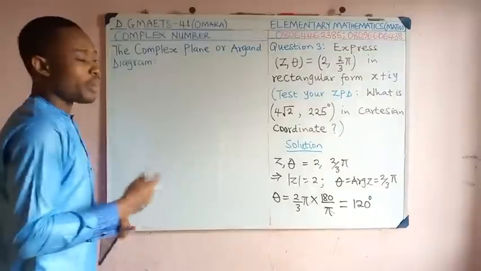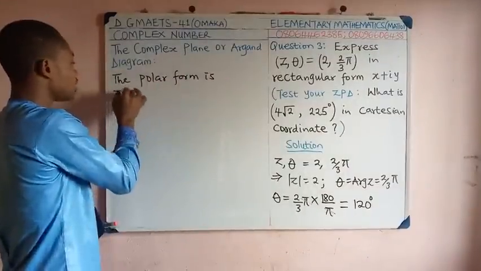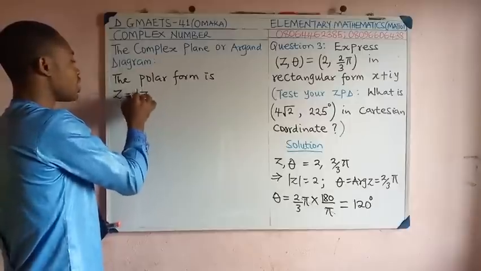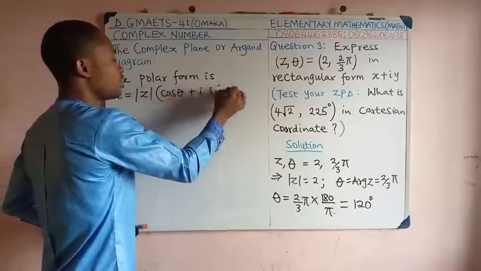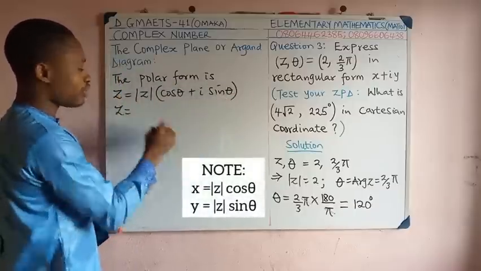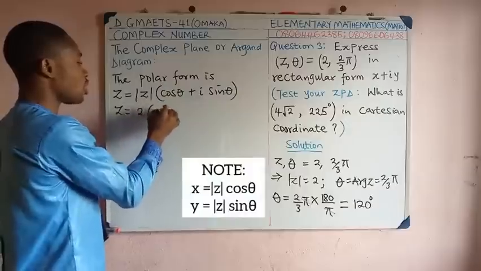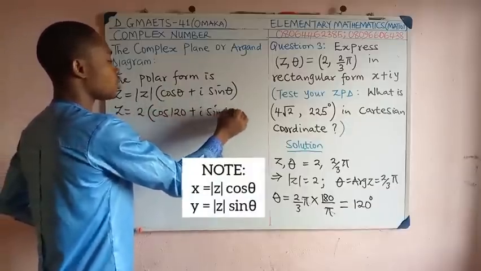But I might choose to write that the polar form is z equal to magnitude of z, open bracket, cos theta plus i sine theta. And then z is equal to, the magnitude of z given to us from the question is 2, then cos 120 plus i sine 120.